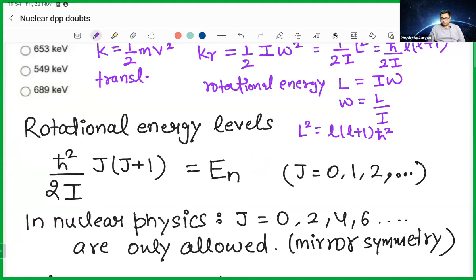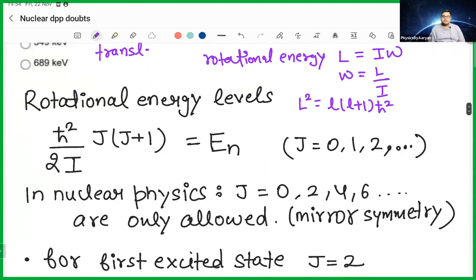In general, J is going to be 0, 1, 2, 3. But in nuclear physics, J can only take the values 0, 2, 4, 6, 8, and so on. Why? Because in nuclear physics, one thing we have to satisfy is mirror symmetry, which comes under particle physics in detail. Even in H.C. Verma sir's lecture, they have not discussed this in much detail.